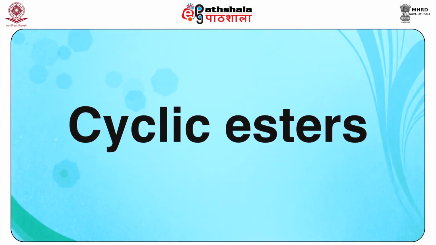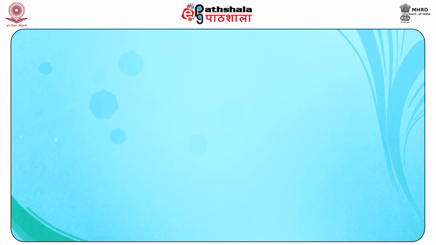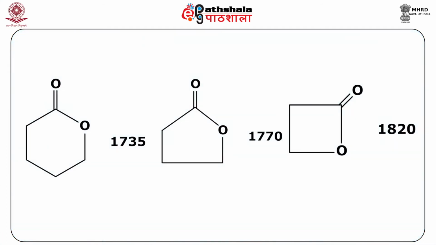Now students, let us take up cyclic esters. In cyclic esters, also known as lactones, the C double bond O stretching is shifted to higher frequency with decreasing size. The unstrained 6-membered cyclic ester, that is delta valerolactone, absorbs at the same value as a non-cyclic ester at 1735 cm inverse.